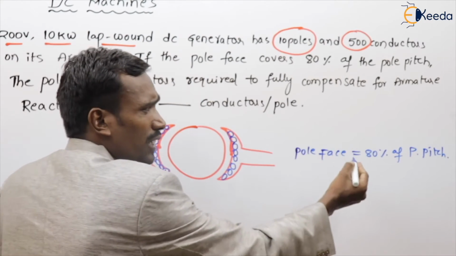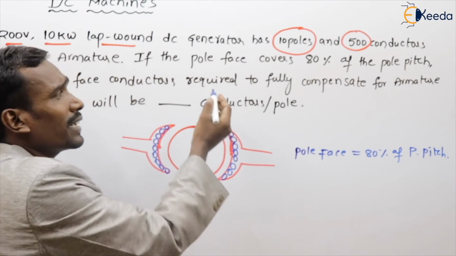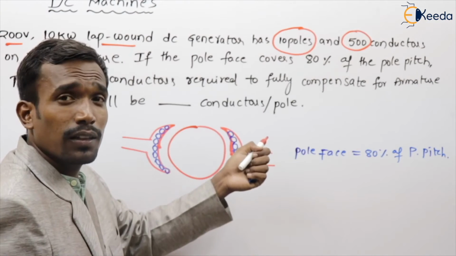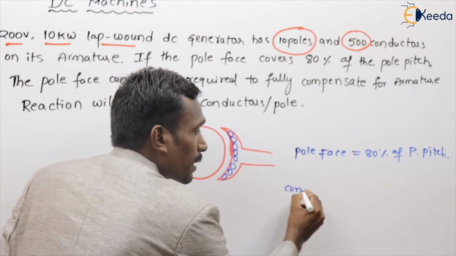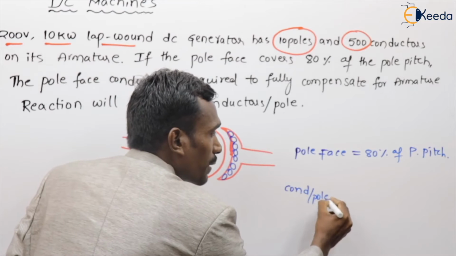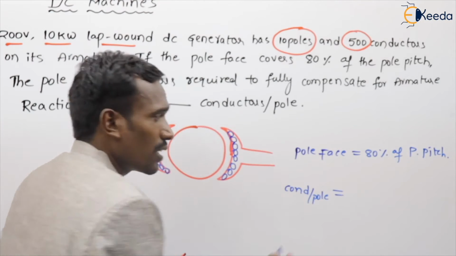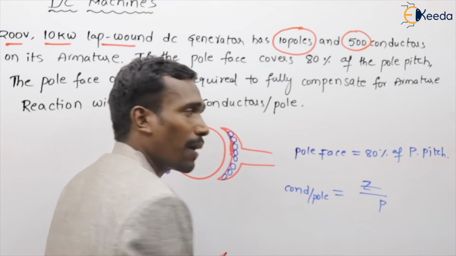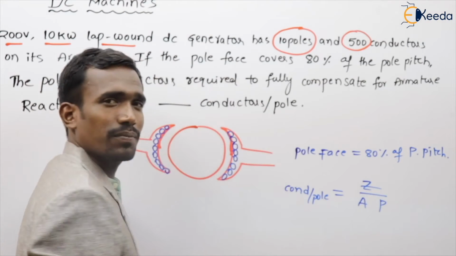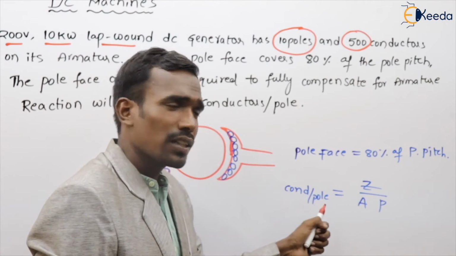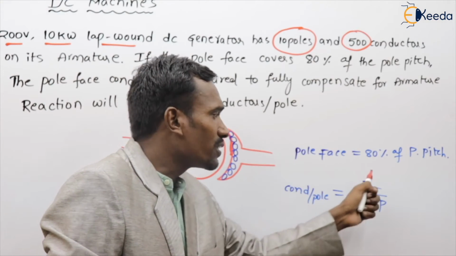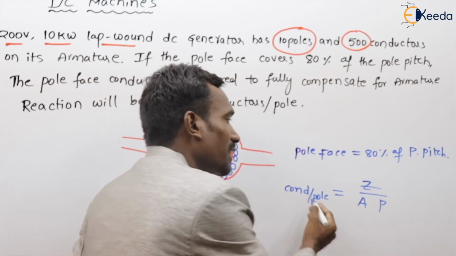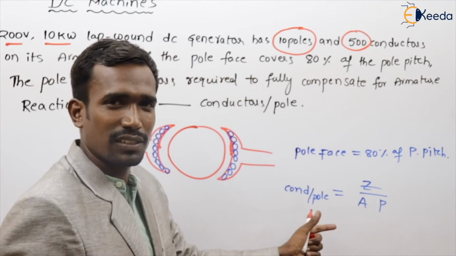Now tell me, per pole pitch, how many conductors are there? The conductors per pole is Z by P per parallel path, so the conductors per pole value is Z by A into P, for the full pitch.